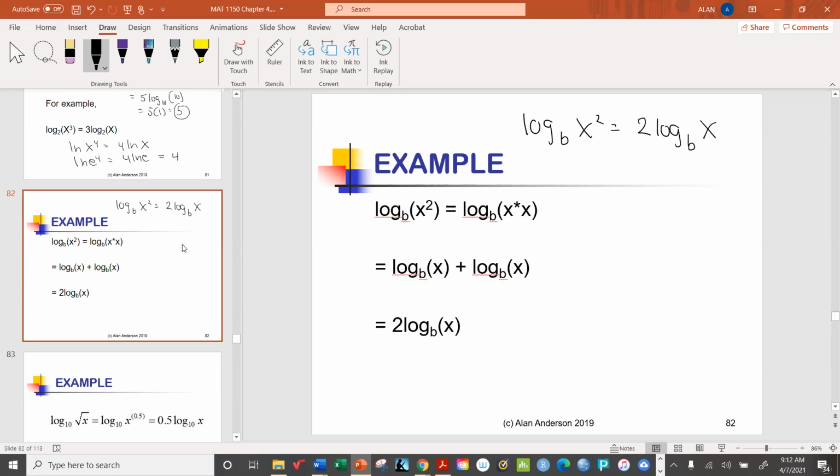And here we're using the product rule to break this up into two sums, each of which is just simply the log base b of x, so therefore it equals 2 log b x. So there are two reasons why this is true. First, just following the rule, but just noting too that this is the same as log b of x times itself.